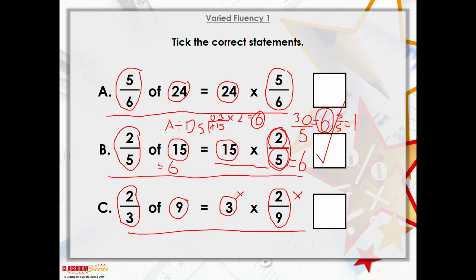Notice that if we go back to this one here, the fractions are the same, the amounts are the same, so I'm happy with that. I'm going to give that a tick. And then down here, my section C, I noticed that my fractions were different and my whole numbers were different. I'm just going to give that a cross. Right, let's have a look at our next task.